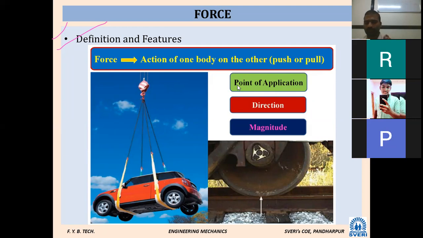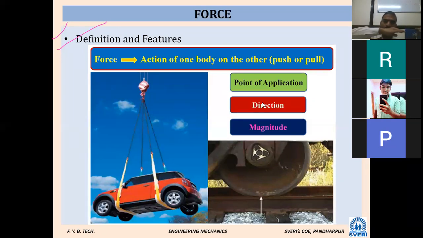For each and every force, there are 3 major points. One is point of application, another one is direction, another one is magnitude. If I consider this is a body, I'm applying the force like this. This is the point of application. Another one is direction, the characteristics of the force. In which direction am I applying?